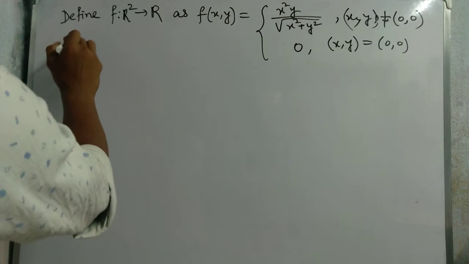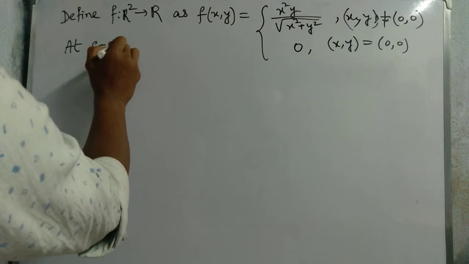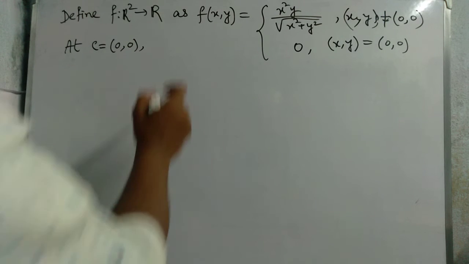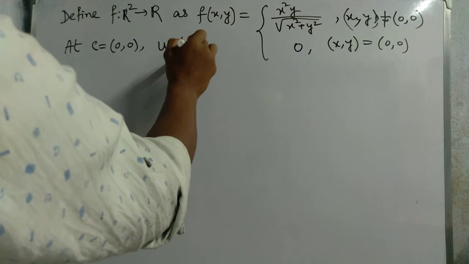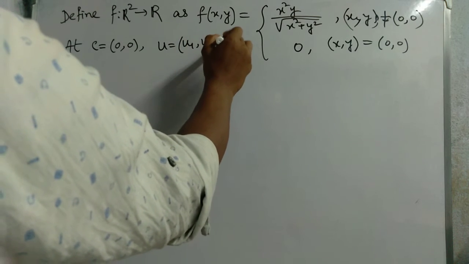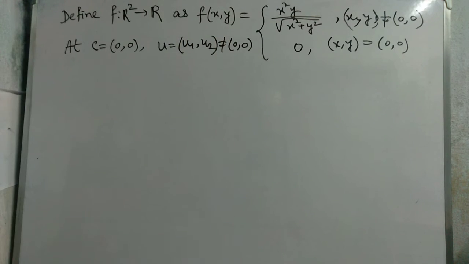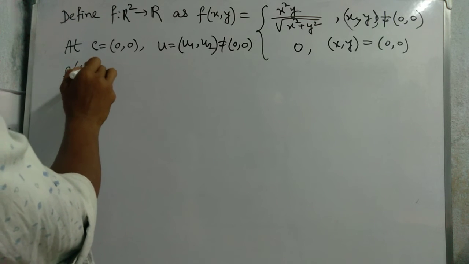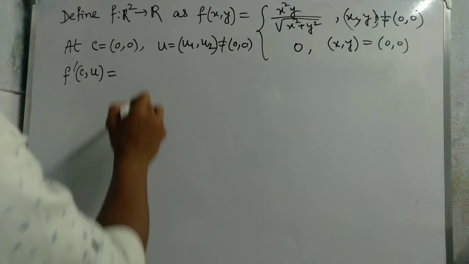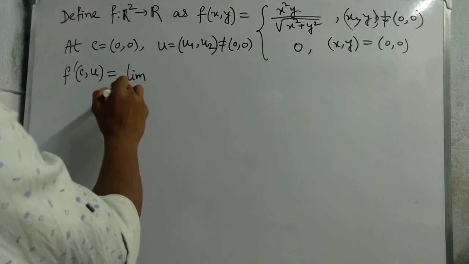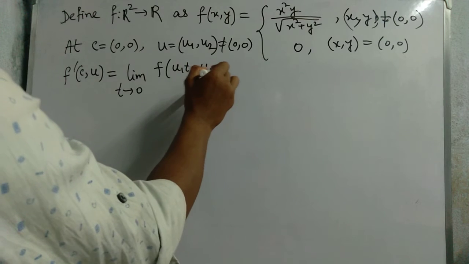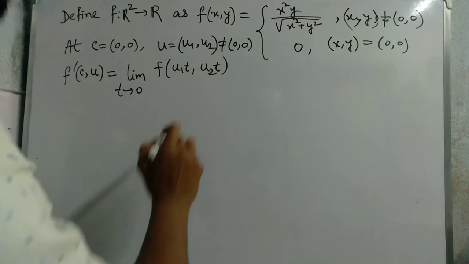At c = (0,0), and for u = (u1,u2) not equal to (0,0), f'(c)u equals the limit as t tends to 0 of f(u1 t, u2 t) divided by t.